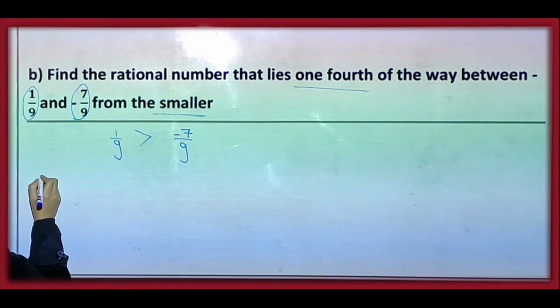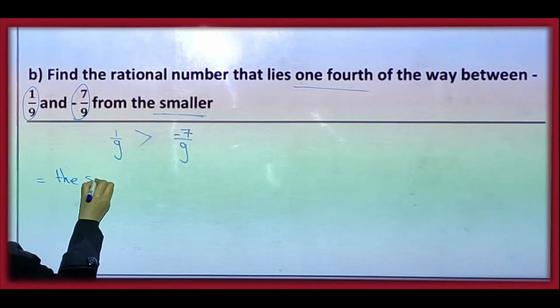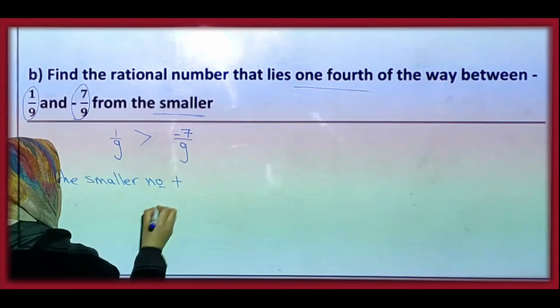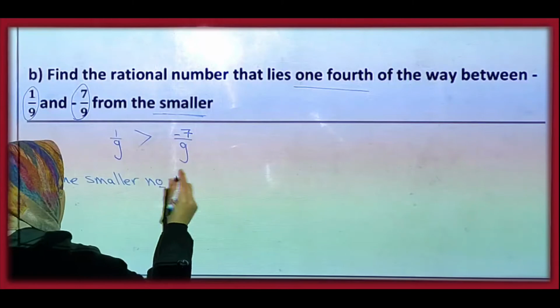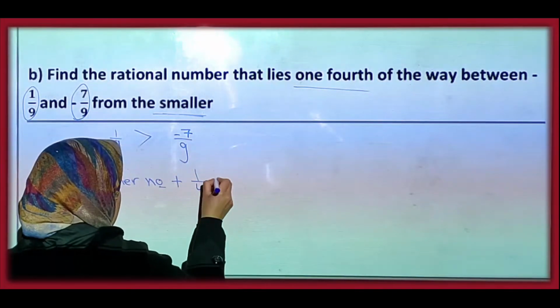To find the number at 1/4 of the way between them, from the smaller equal the smaller number plus, because from the smaller plus quarter, 1/4, we write quarter, the distance between them.